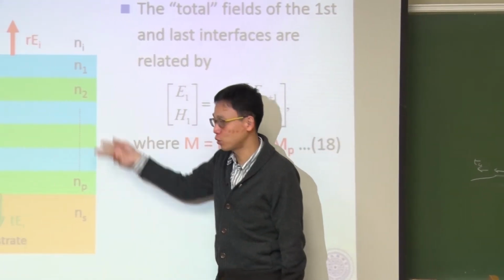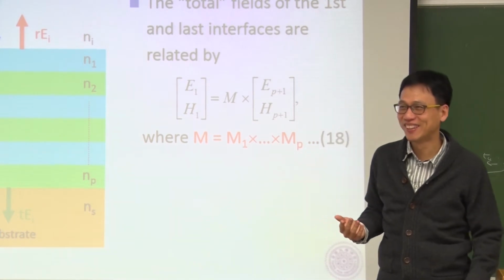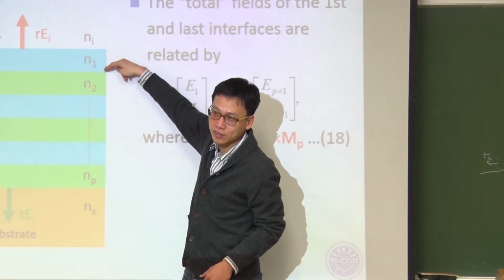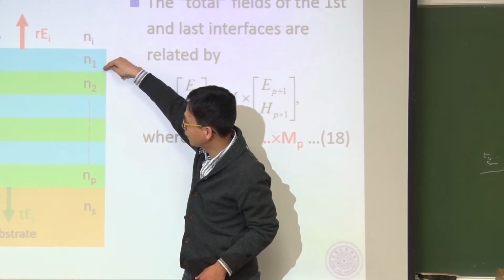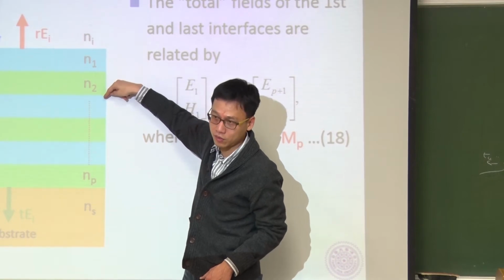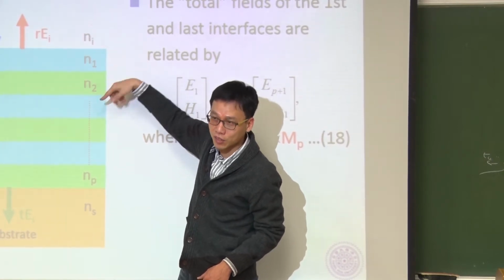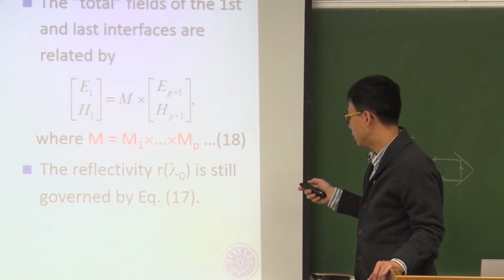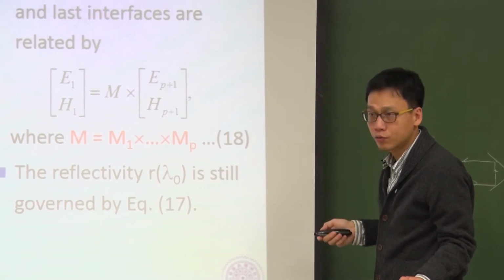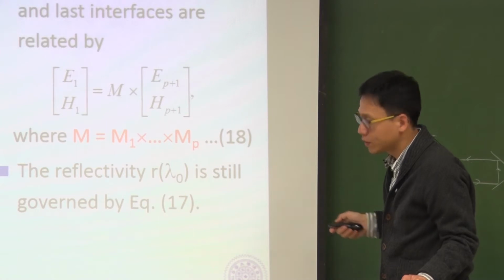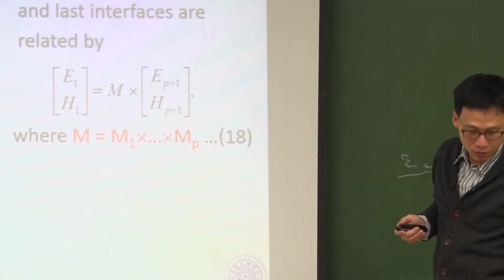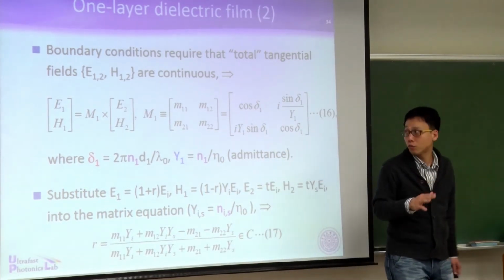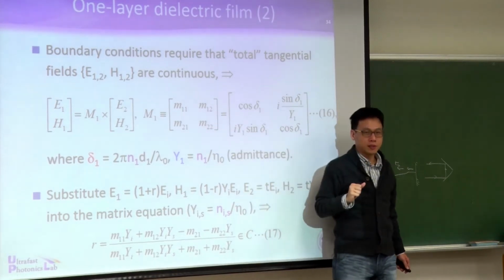It's not that each layer has a matrix and so the total matrix automatically becomes a chained product. You need to know why. By definition, the previous matrix relates the phase to the interface. Then you use it again, and the second matrix relates the total electric field and total magnetic field, which is the same as the previous matrix, so you can chain them like this. And in this way, you can calculate the reflectivity or reflection coefficient small r by the same equation, equation 17. Because in equation 17, these parameters M11, M21, and so forth are the 4 elements of the total matrix.